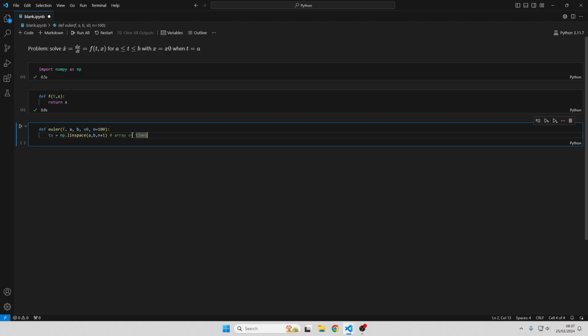So that's an array of times at which we're going to evaluate the solution, and then we need to know the corresponding values of x. So we'll just make an empty array to put the values of x in to start with. So we do np.zeros of n plus 1. So we've got n steps, n plus 1 points, if we include both ends. So we're going to have n plus 1 x values, and the initial value is going to be equal to x naught.